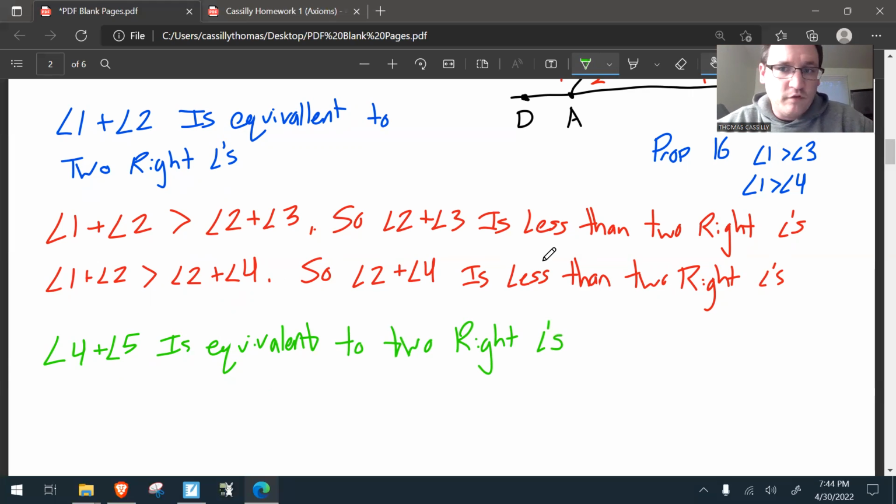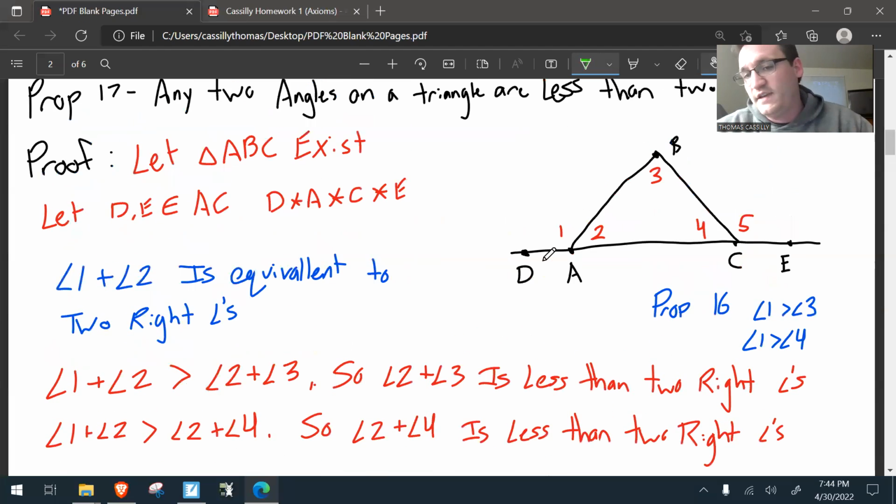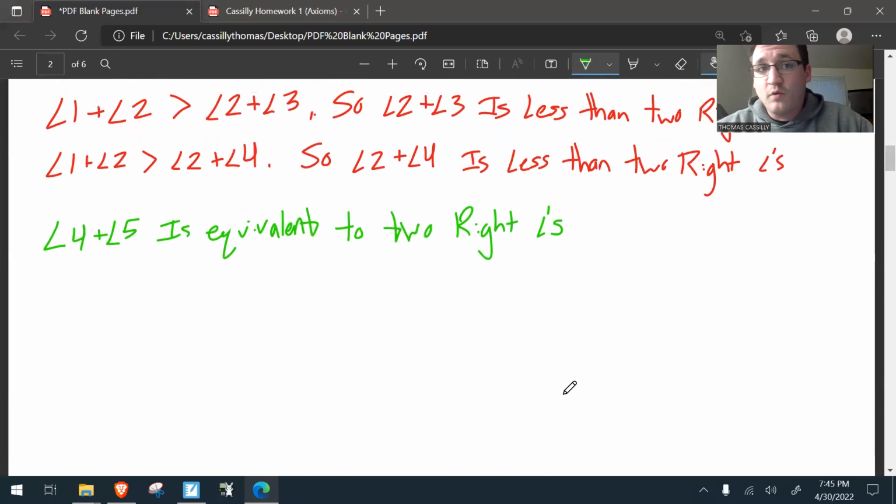Using the same reasoning as before, by Proposition 16, we know angle 5 is greater than angle 3, and angle 5 is greater than angle 2. Why? Because angle 5 is an exterior angle, and angles 3 and 2 are the opposite interior angles. So we can swap out what we need here.